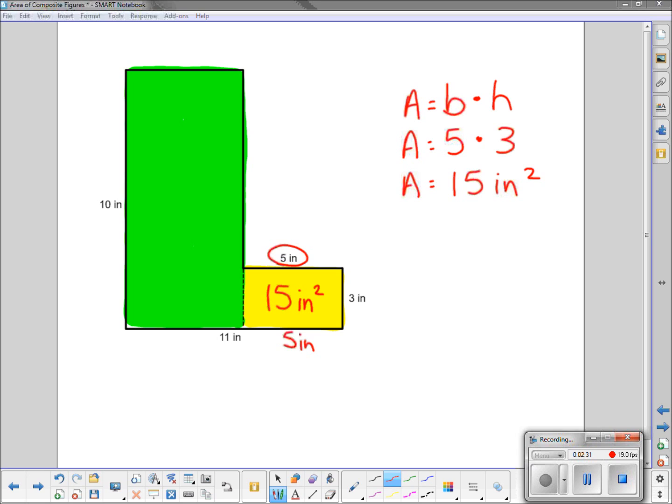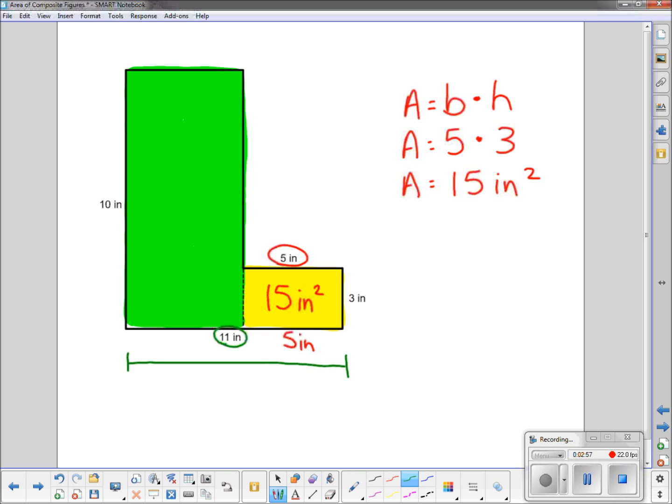Next, I need to find the area of the green rectangle. Well, this is going to be a little trickier because I don't have a base measurement that I can just copy from the top to the bottom. Instead, I need to look at the measurement at the bottom, which is 11 inches. The 11 inches is a measurement that spans the entire length of this polygon.